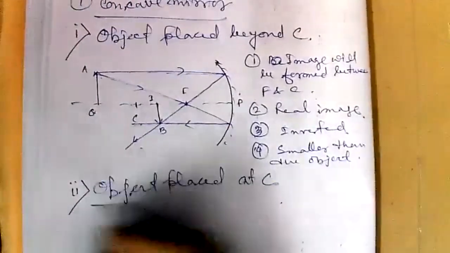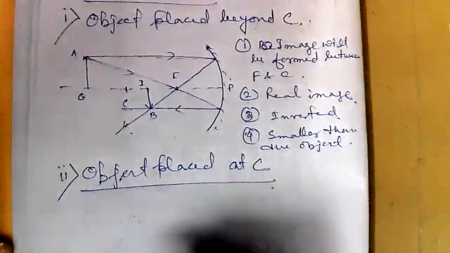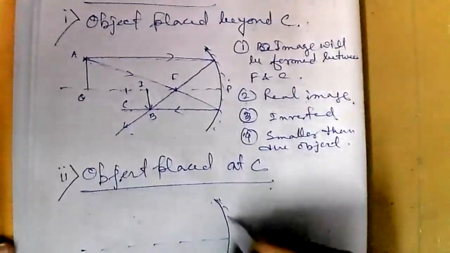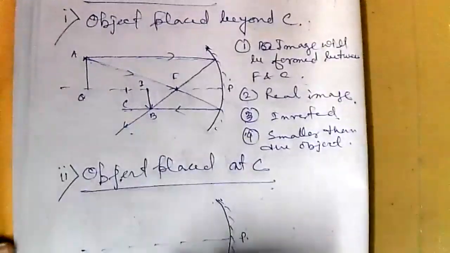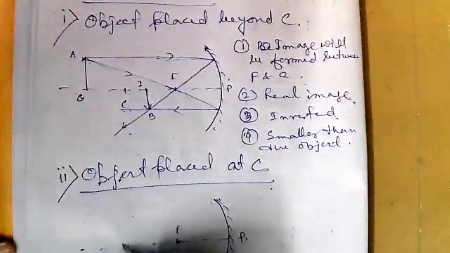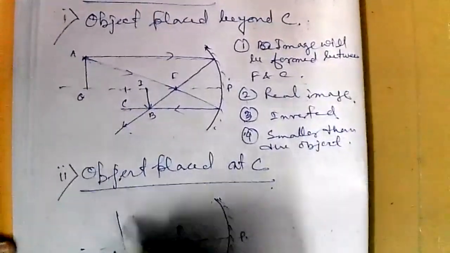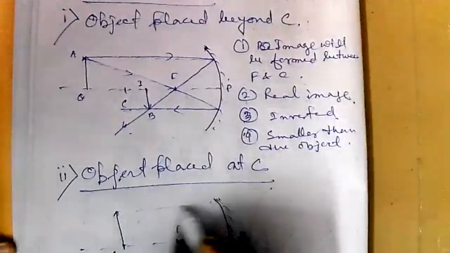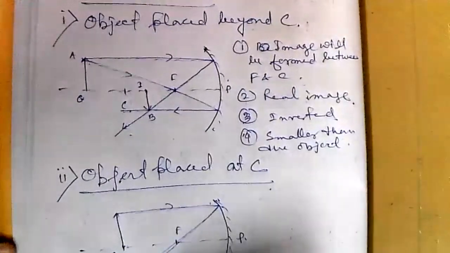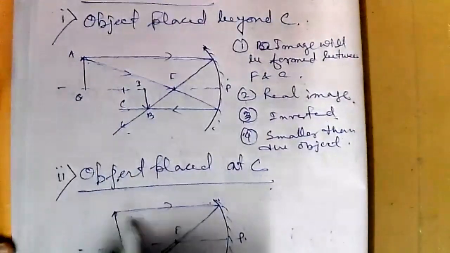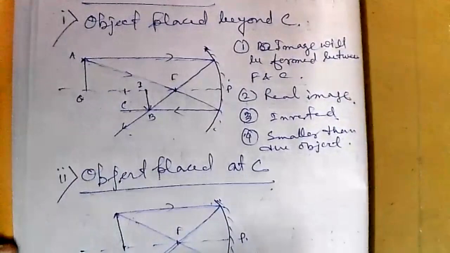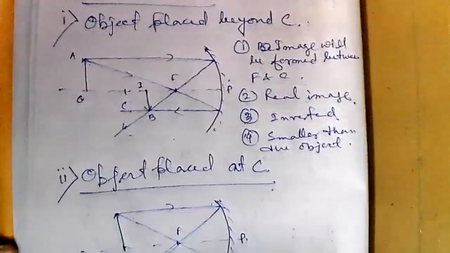Second step, object placed at C. Here the object is placed. We send a ray, and it will pass through like this. And also we send a ray through the focal point, so it will pass through like this.